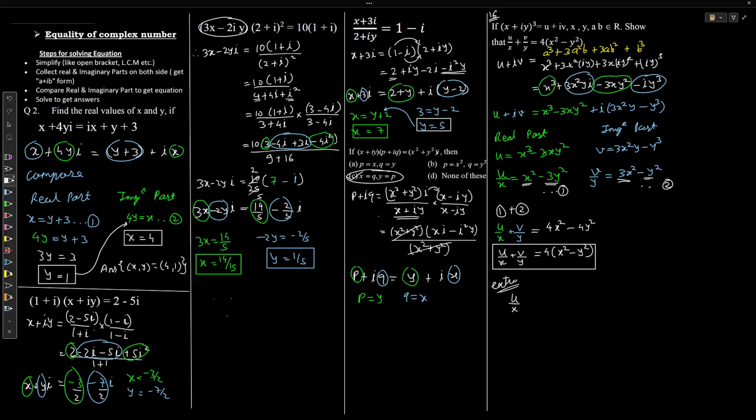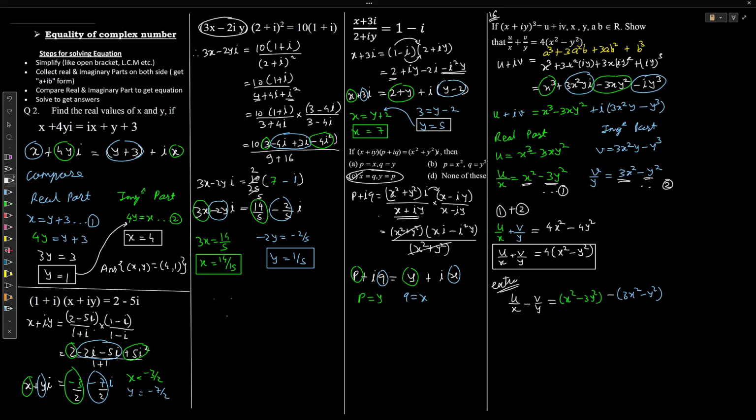In that case, we have to find out u by x minus v by y. So what will happen? We have to take the difference of x square minus 3y square and 3x square minus y square, right?